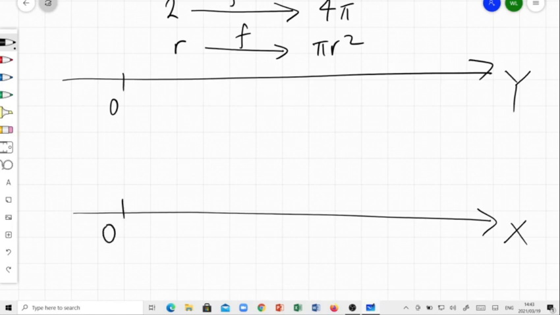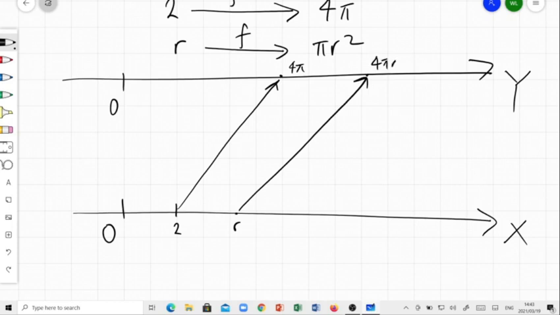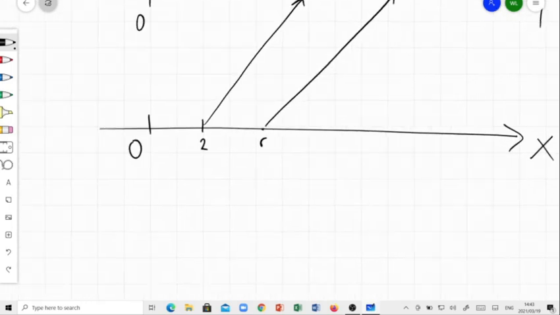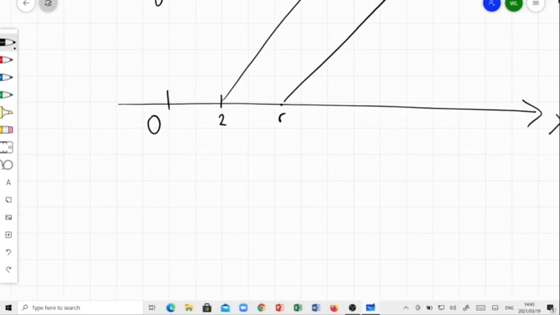And in this case, we can see that a mapping diagram, unlike a graph, emphasizes the actual transformations. So here, the radius of 2 gets transformed into this larger number, 4 pi. And then in general, the radius r is mapped into the area pi r squared, okay?